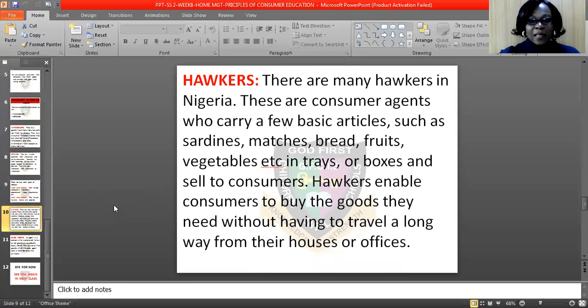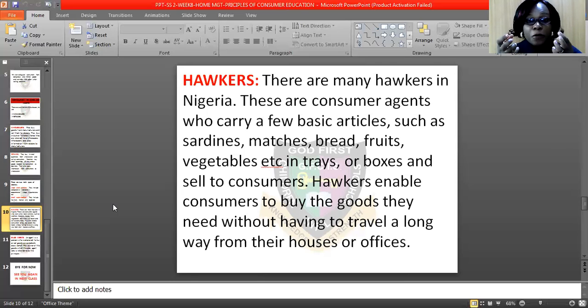Now, let us look at who the hawkers are. Already you know who a hawker is, but let me throw more light. There are many hawkers in Nigeria, which we know. These are consumer agents who carry a few basic articles such as sardines, some carry as small as matches, bread, obono bread, you'll be hearing it, agege bread, buy your obono bread, yes, they are hawkers.